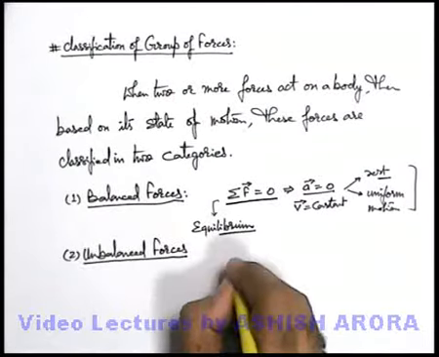And as you earlier studied in previous classes, the total acceleration of the body can be written as the sum of all forces acting on the body upon the mass of the body. So whenever unbalanced forces act on a body, the body will be in accelerated motion. That means the velocity vector changes. It may change direction, it may change both magnitude and direction.